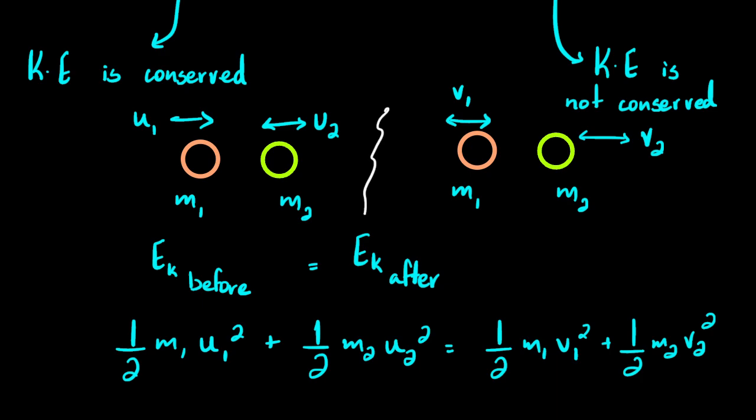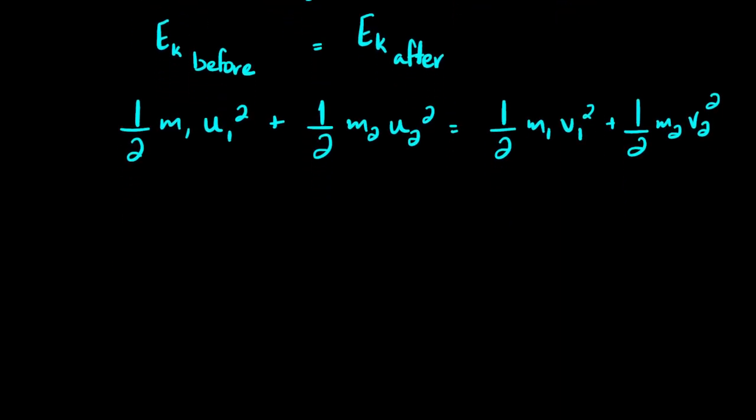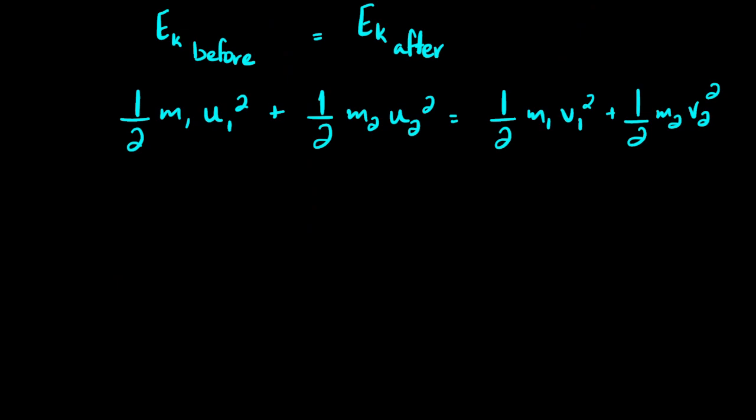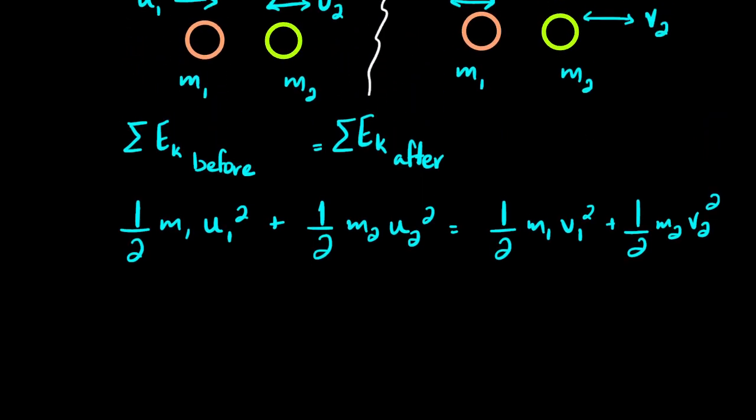So don't focus on this too much. This is just an expression that came about due to this. It's a consequence of this. What you must worry about more is how do you actually use this in certain scenarios. So actually I must add here that the total kinetic energy before should equal the total kinetic energy after the collision.